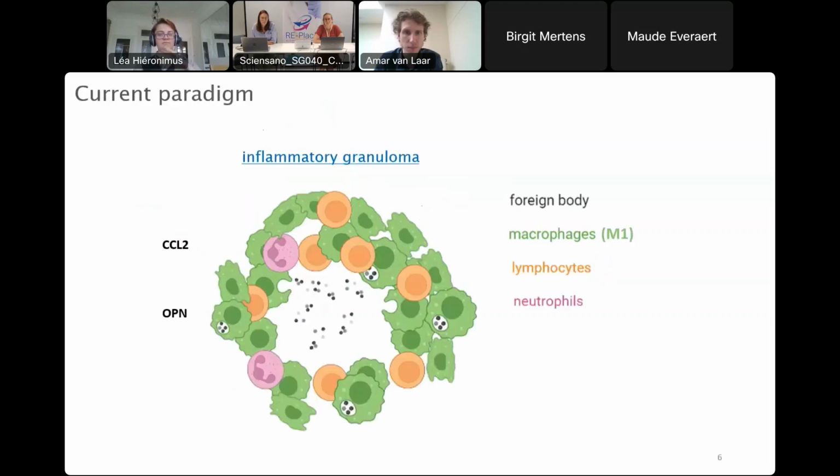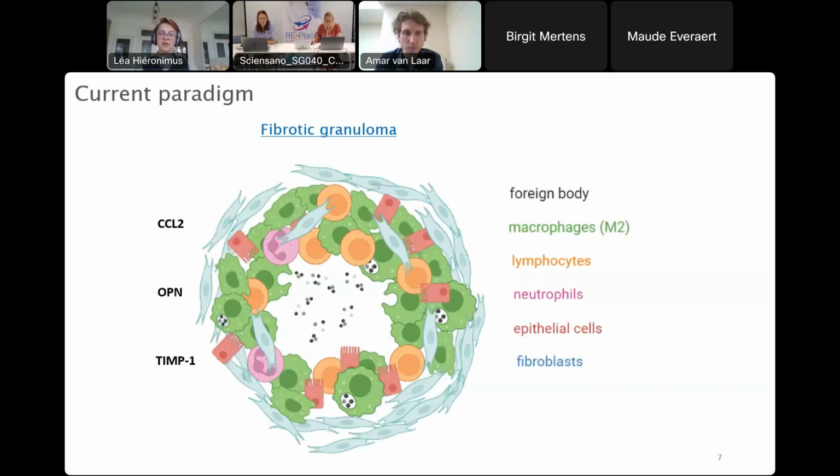This inflammatory cocktail will lead to the attraction and activation of other cells, other macrophages, but also lymphocytes and neutrophils. All of these will try to remove the particles. Sometimes it works, sometimes the particles are biopersistent, and this inflammatory cocktail will slowly change and lead to a fibrotic granuloma.